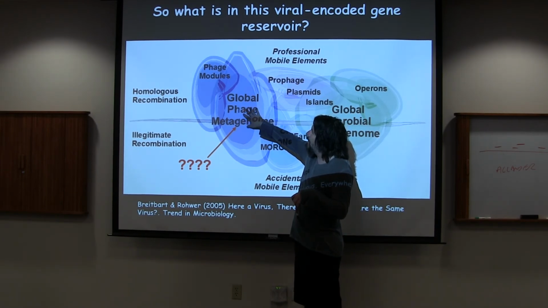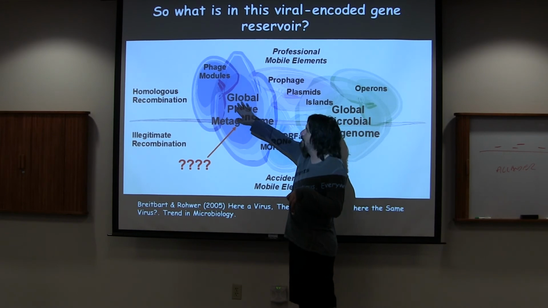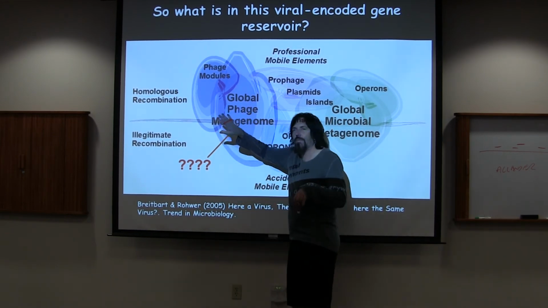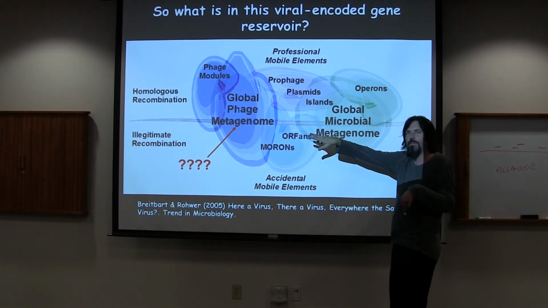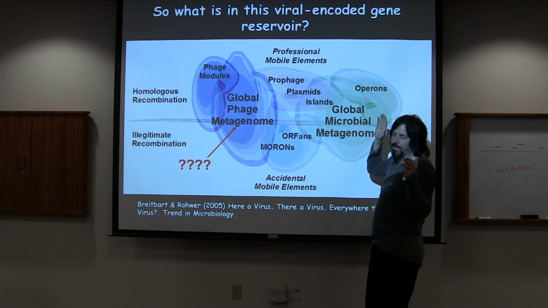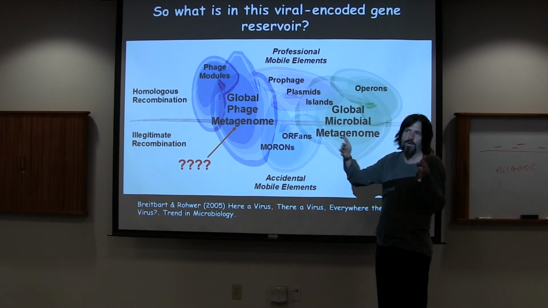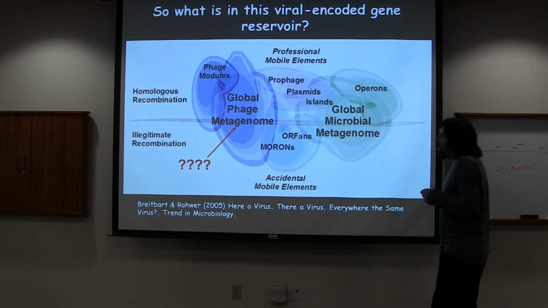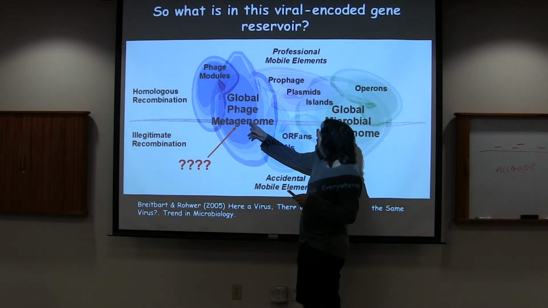And it's organized within the viruses as modules. Modules are the equivalent of operons. We call them modules in phage; they're called operons in bacteria. What that means is that they start with the same promoter and are read through by the same polymerase.